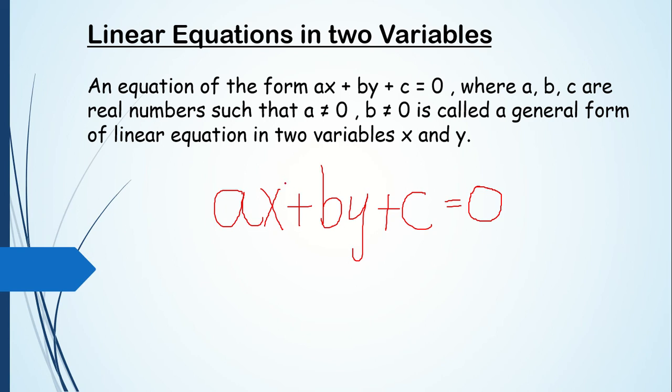It cannot be less than 1 and it cannot be more than 1. Here x has degree 1 and y has degree 1 only. It cannot be x squared, it cannot be x cube, it cannot be x raised to anything else but 1. Then it is called a linear equation. Now ax plus c is equal to 0 is also a linear equation, but it is a linear equation in one variable. You can see x is the only variable here. Here we have got two variables, x and y.